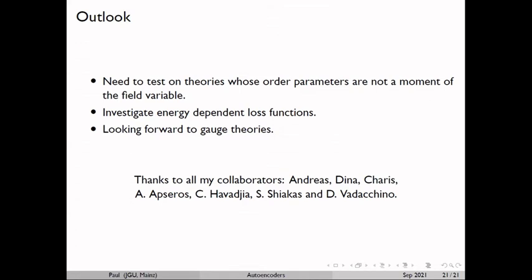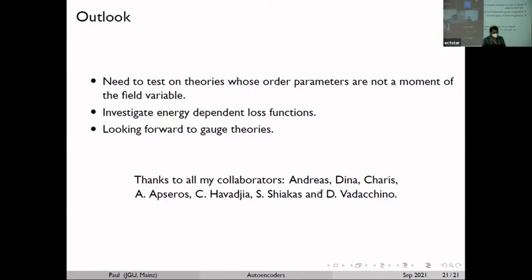Can I have a question? Yes, please. Could you clarify the TCs that you obtain? Is that for finite volume systems or infinite volume systems already? The TCs we are obtaining are for infinite volume systems.